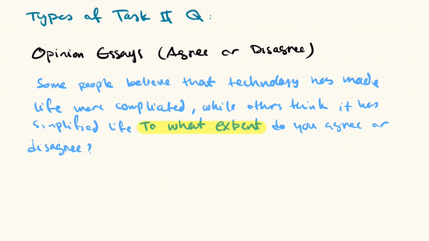So when you're asked to provide opinions, rather than thinking, maybe 70% I think argument A or 30% argument B, which I believe is the correct kind of thinking when it comes to life, in IELTS writing it's better to take the extreme position.